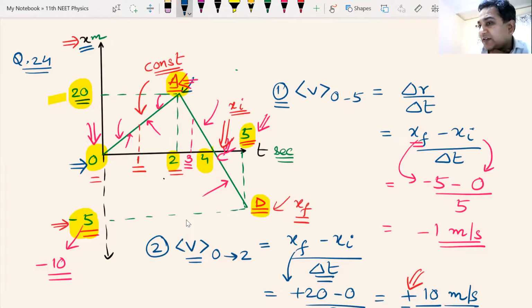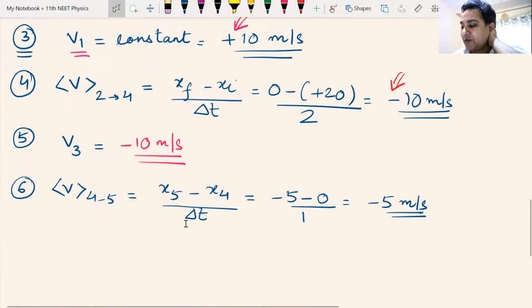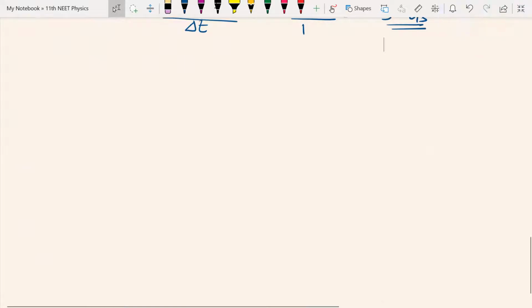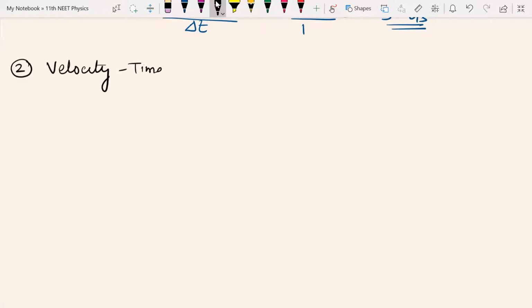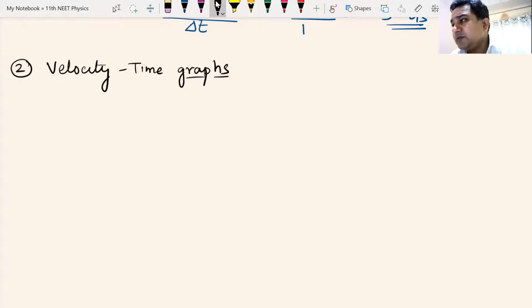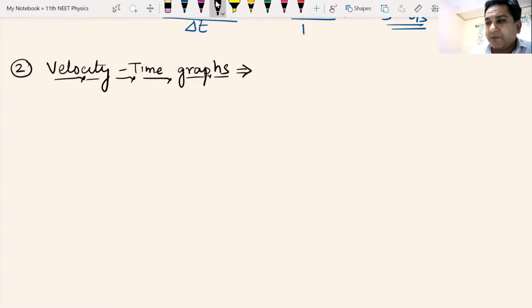Now I would like those students who have any doubt in this question, or in any question based on the position time graph that we have done till now, to raise your hands. Because if we have no doubts, we'll move on to the next type of graphs, which are known as velocity time graphs.